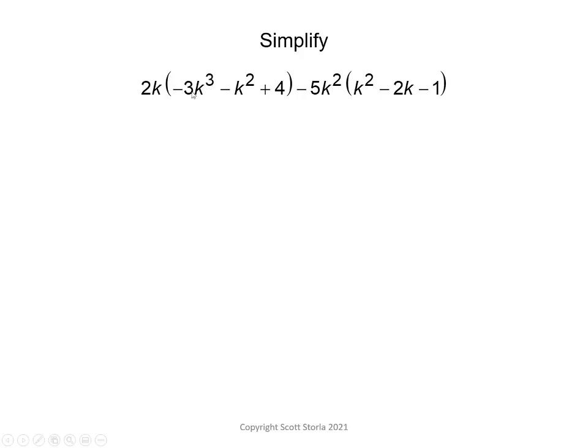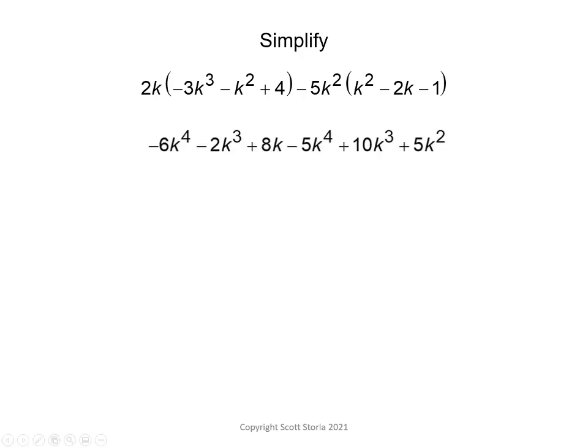Multiplying, I would get negative 6k to the fourth minus 2k cubed plus 8k, then minus 5k to the fourth plus, because again I think of this as a negative 5 and a negative 2, plus 10k cubed, and then again I think of this as negative 5 and negative 1, plus 5k squared.